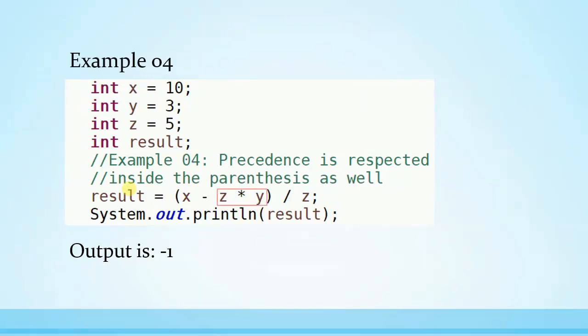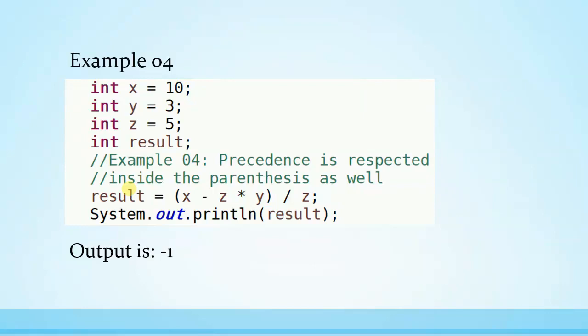So z into y is 15. Then x minus 15 equal to minus 5. That is divided by z, which means minus 5 by 5, and the result is minus 1.